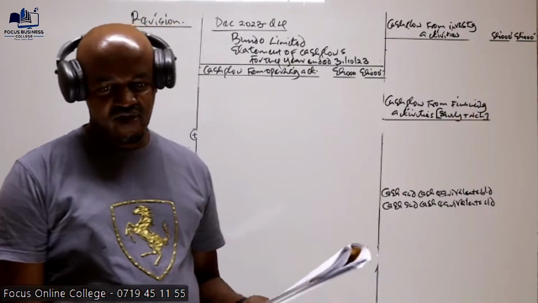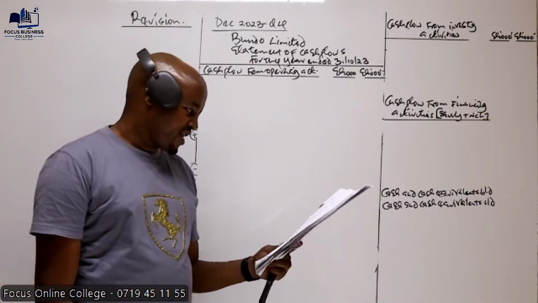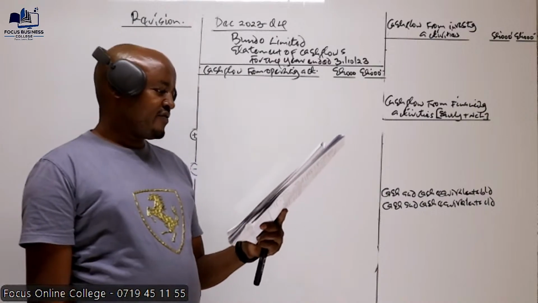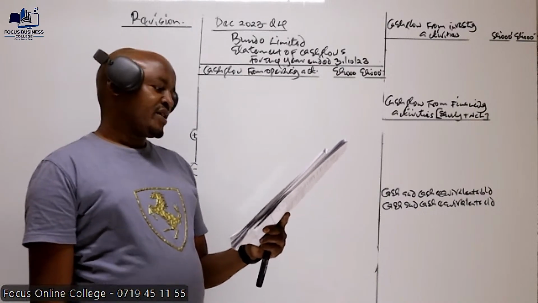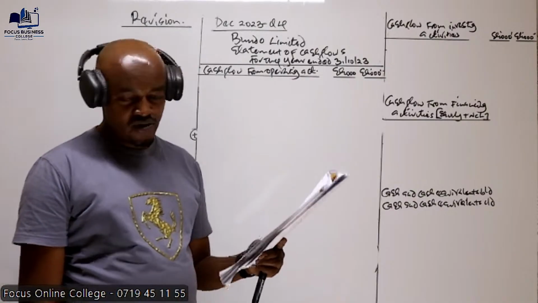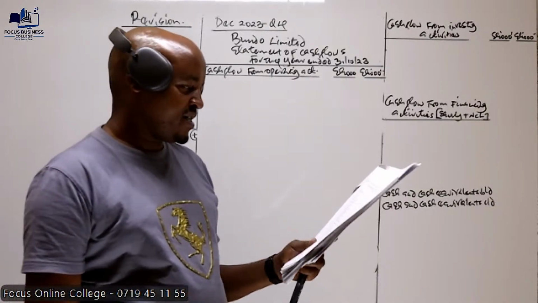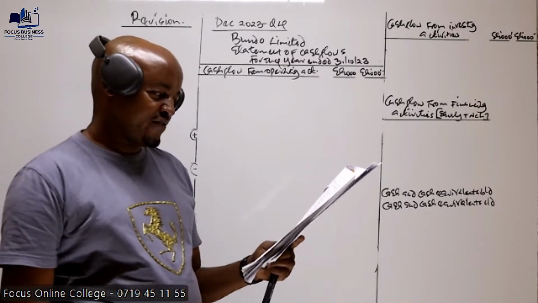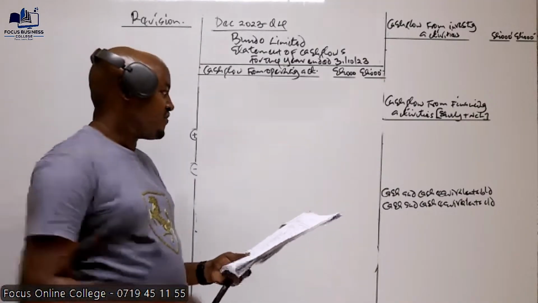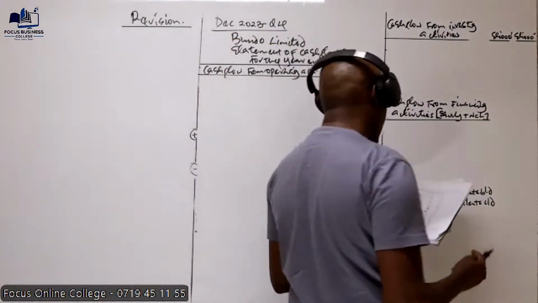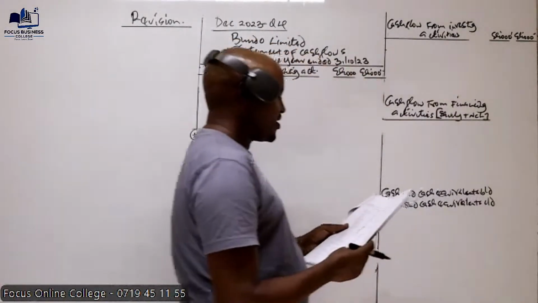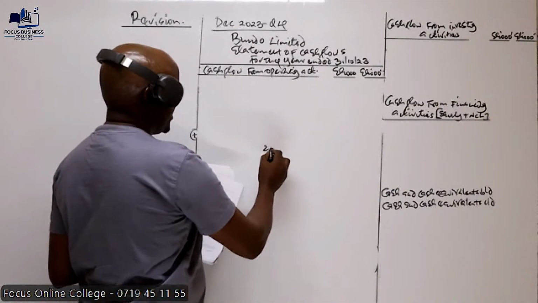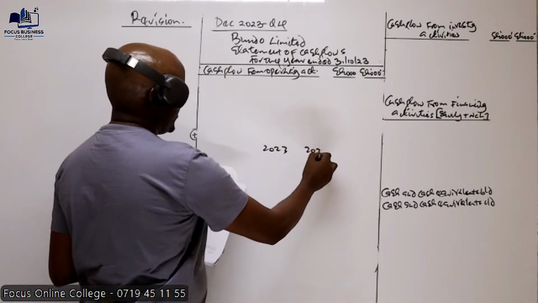Yes, in this case, you should go back to your balance sheet, specifically the current assets, and check whether you have the cash and cash equivalent at the start and also at the end. It is always advisable to go to the current liabilities, still in your balance sheet, and check whether there is any bank overdraft. In our case, we don't have any bank overdraft. So the cash and cash equivalent at the start and at the end of the year is given. Remember the current year is 2023, and then we have 2022.